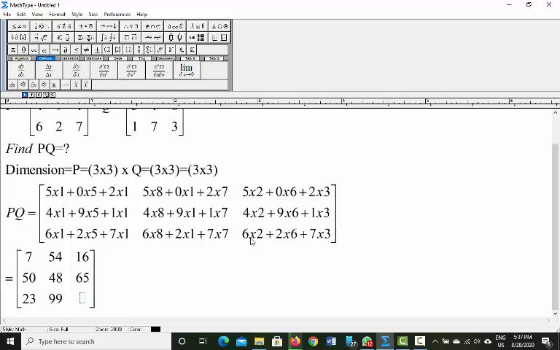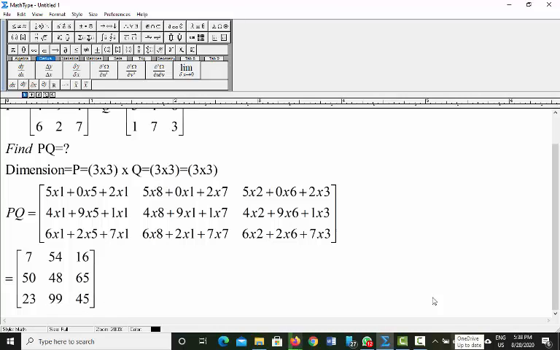Now this one 6 multiplied by 2 is 12, that is 24, plus 3 multiplied by 7 is 21. So 24 plus 21 is 45.